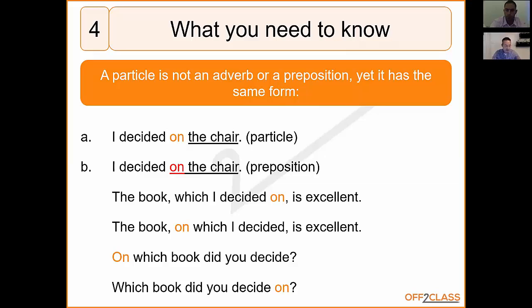And that really starts to help students to understand that a multi-word verb is always a verb and a different element. You can see here, as I mentioned before, in the examples underneath A and B: "The book which I decided on is excellent," and "The book on which I decided is excellent." You can see here that the particle can appear in these places.